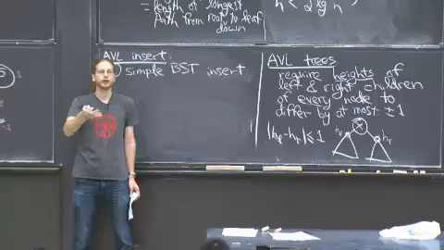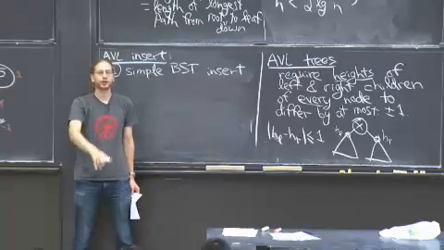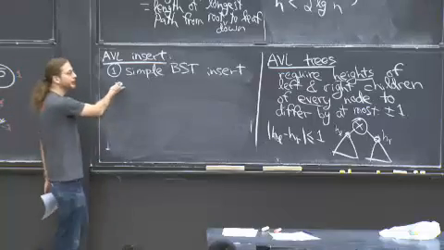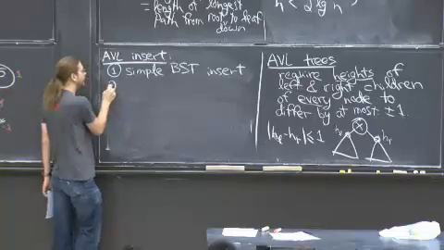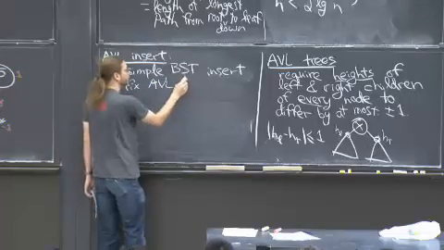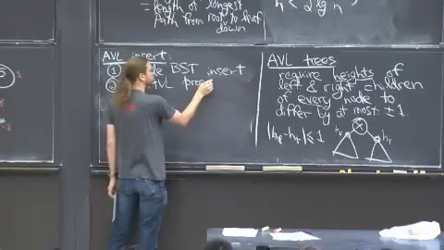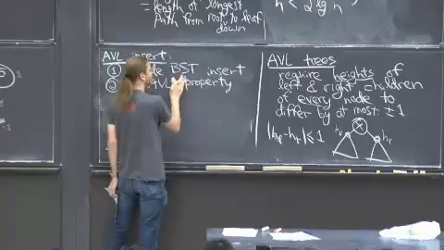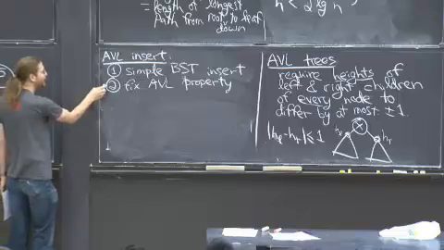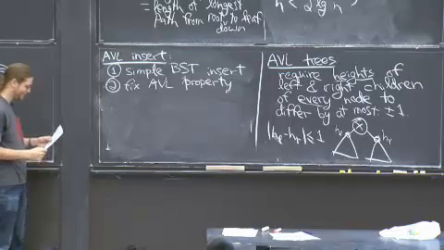And wherever it isn't, you insert a node there, insert a new leaf and add it in. Now, this will not preserve the AVL property. So the second step is fix the AVL property. And there's a nice, concise description of AVL insertion. Of course, how do you do step 2 is the interesting part.